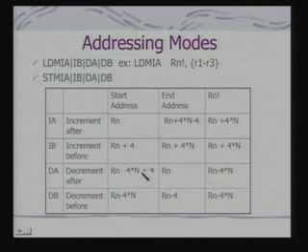Similarly, I can have the decrement after and the decrement before modes. In this case, instead of increment, I have decrement as the basic operation. So, what we have seen is that using a single instruction, by specifying the base register and the set of registers, I can load.